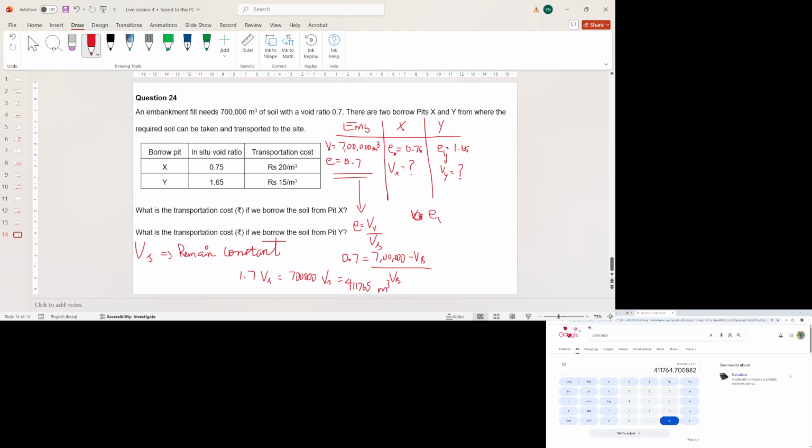So we know ex is equal to 0.75, which is equal to V minus Vs by Vs, which is Vx minus 411,765 divided by 411,765.